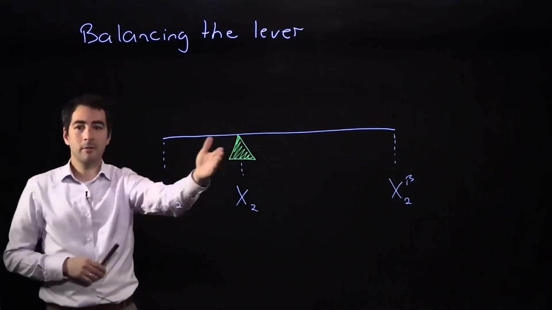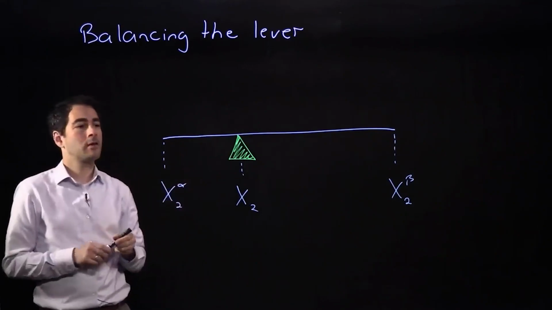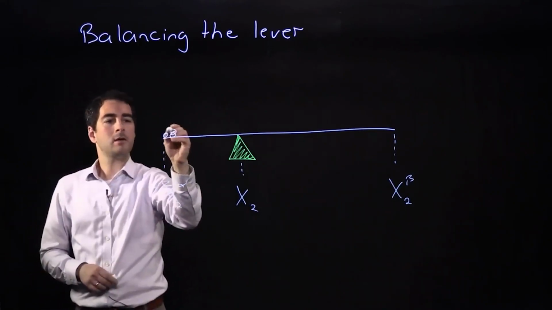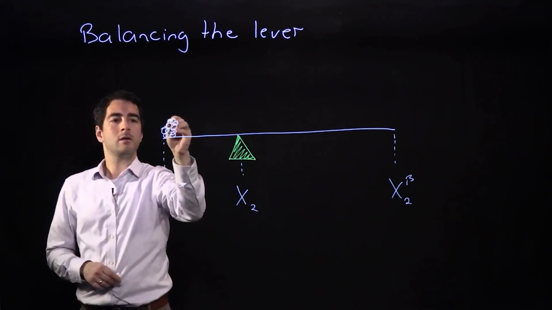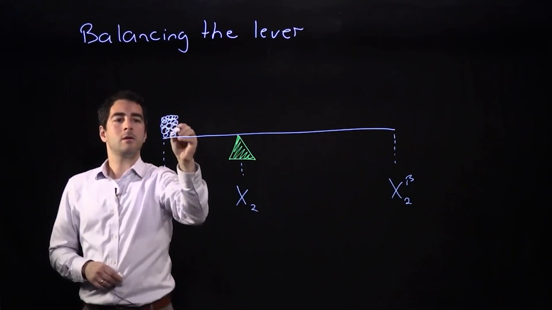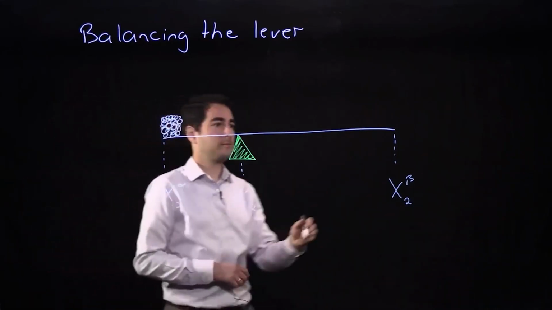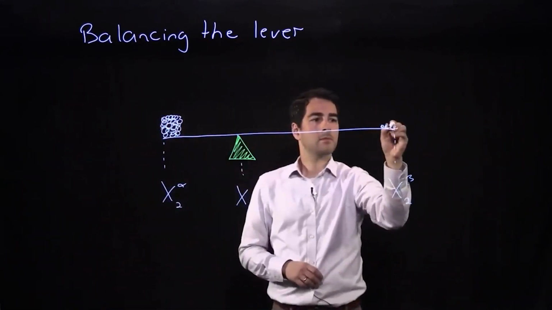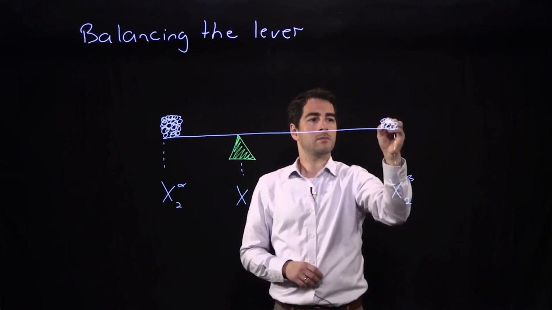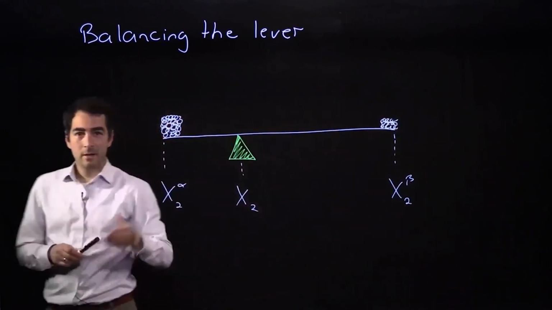In this case, the fulcrum is closer to the alpha phase, so I'm going to need a lot more stuff in the alpha phase than in the beta phase to balance this lever.